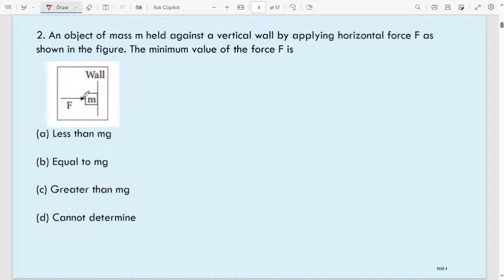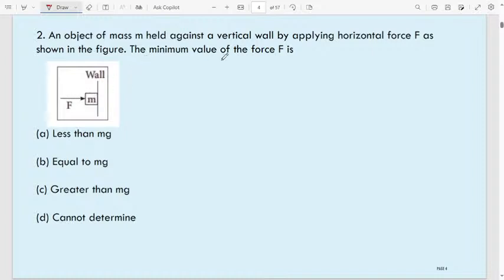Before answering this type of question, you have to understand the concept. Here, an object of mass m is held against a vertical wall. This is the wall. It will be in a vertical position. Then the force is applied in this direction. This is the direction of the force.